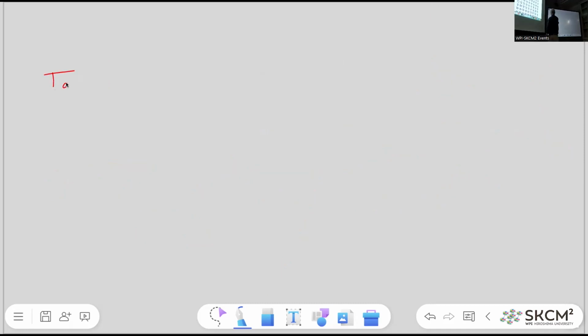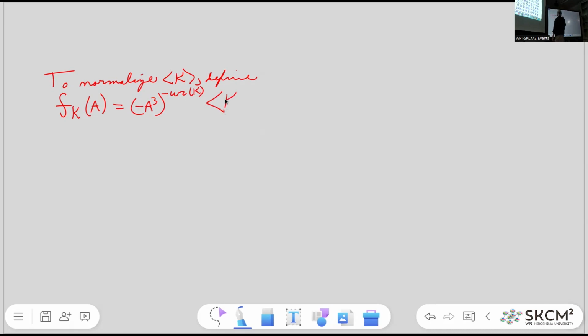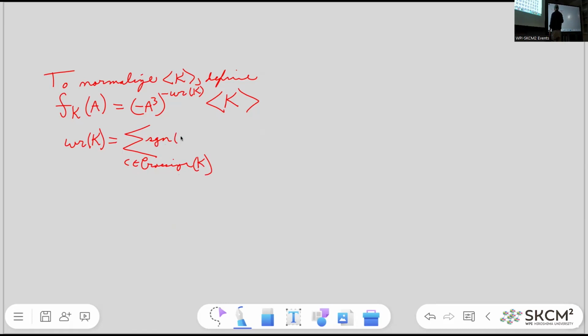To normalize bracket K, we find f sub K of A to be equal to minus A cubed to the negative writhe of K times bracket K, where the writhe of K is equal to the sum over c belonging to the crossings of K of the sign of the crossing.